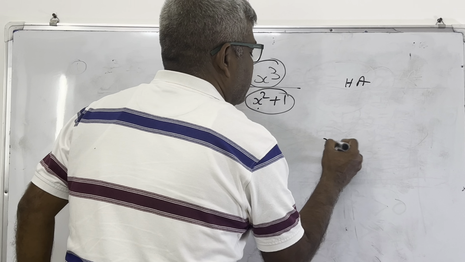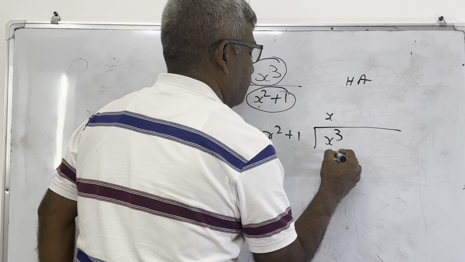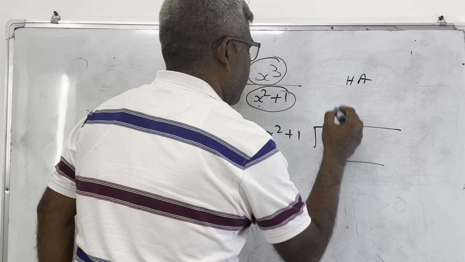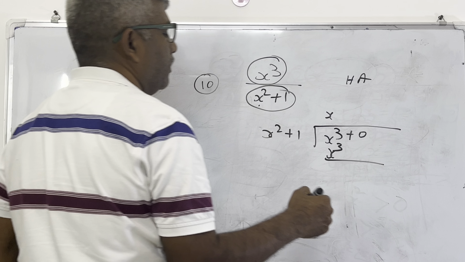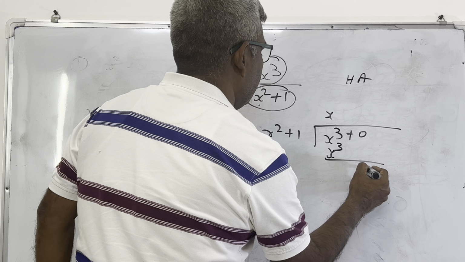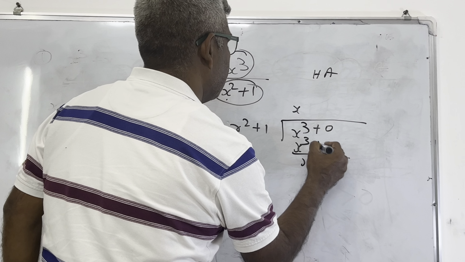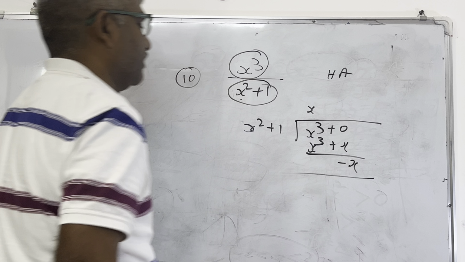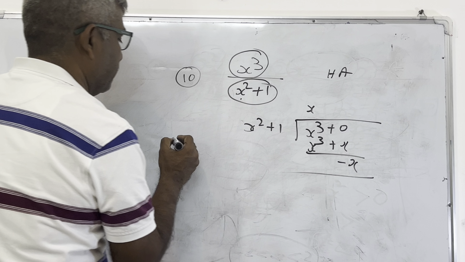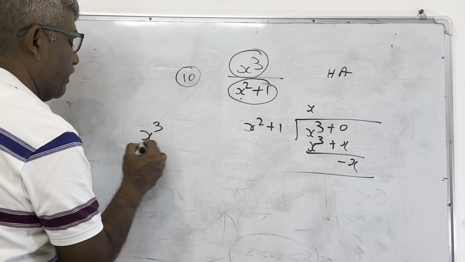Then choose another option, x cube over x squared plus 1. Do it in long division. What will happen? x cube divided by x squared plus 1 gives x, and the remainder will be minus x. So how to represent x cube over x squared plus 1?